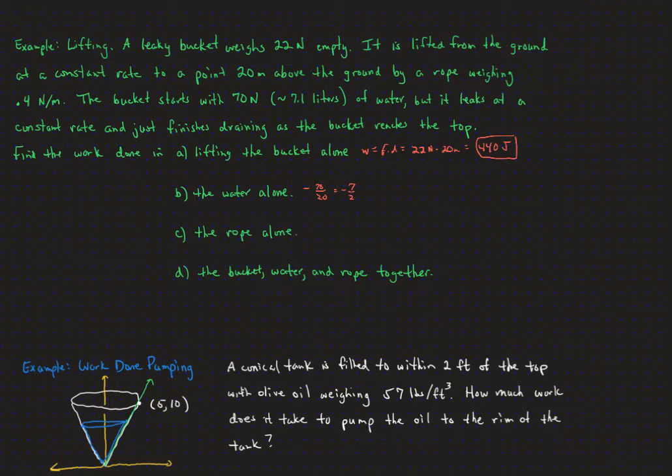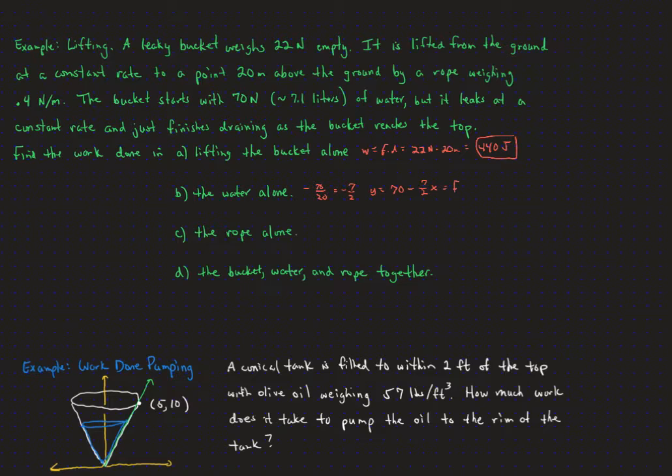So it's going to be changing at a constant rate. So we can think of the force as being variable. We started with 70, and then we're going to be losing 7/2 per meter. So that's going to be our variable force right there.